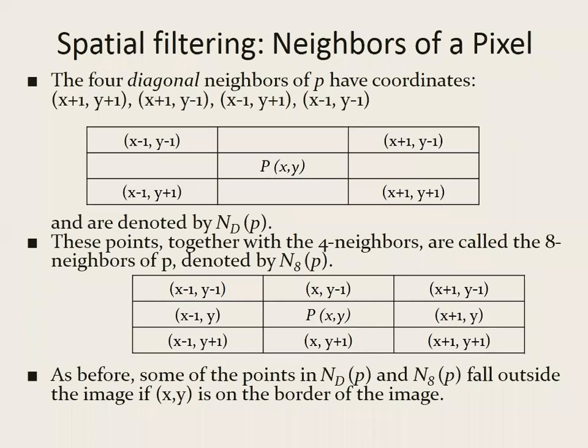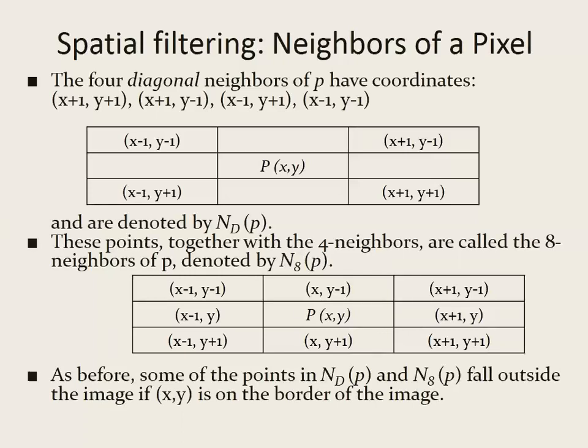But the efficiency is better if you are checking only the 4 pixels. But for effectiveness or accuracy, it's better to go for checking the 8 surrounding pixels given the central pixel, P of xy.